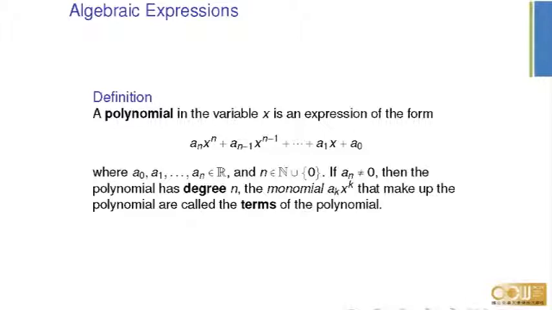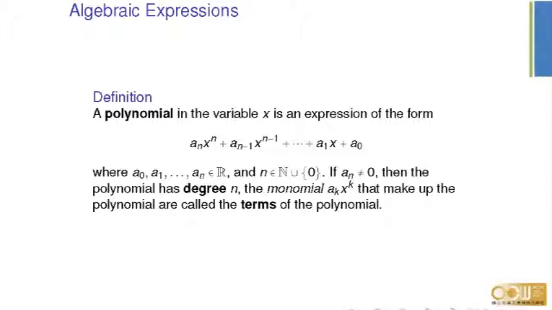Before that, we introduce polynomials in the variable x, which are expressions of this form: a_n x to the power of n plus a_(n-1) x to the power of n minus 1, plus and so on, plus a_1 x plus a_0, where a_0, a_1, up to a_n are real numbers and n is any non-negative integer.